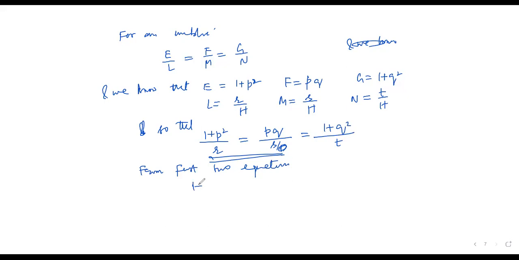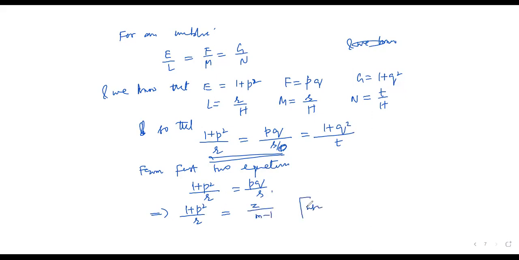I will get 1 plus p square divided by r is equal to pq divided by s. So it implies that 1 plus p square divided by r is basically z divided by m minus 1.